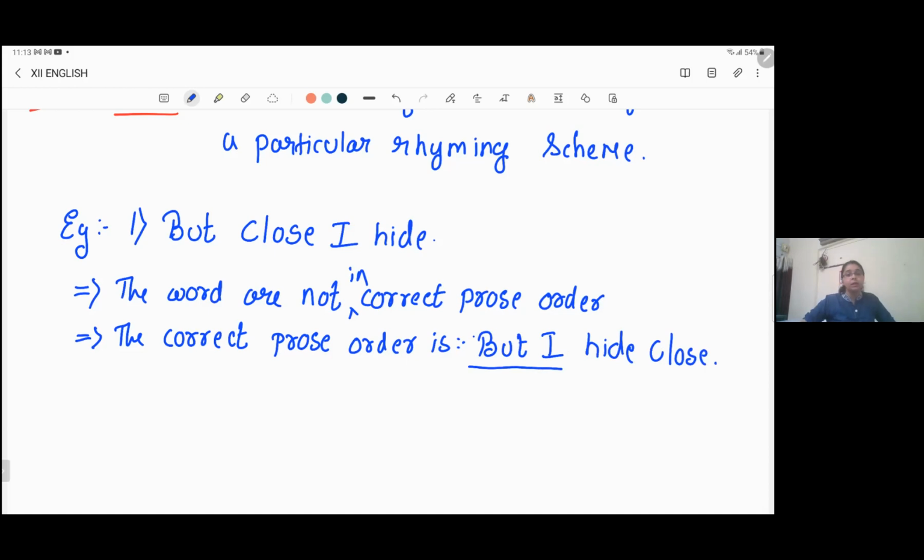This is the correct sentence. I had to shuffle the words, I changed the words and made a correct sentence.